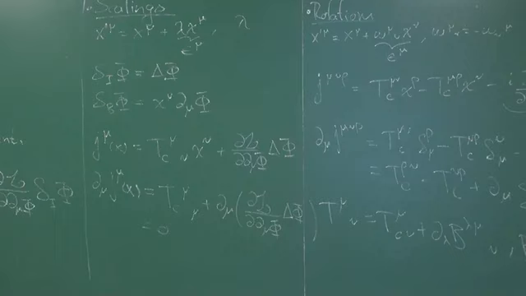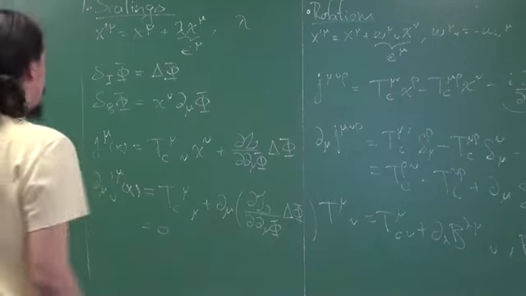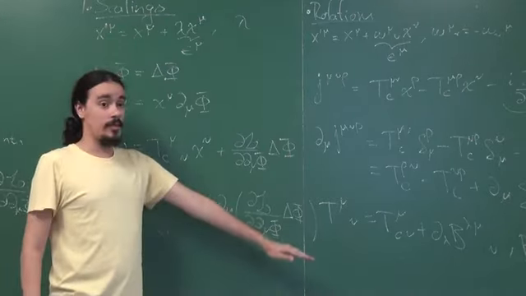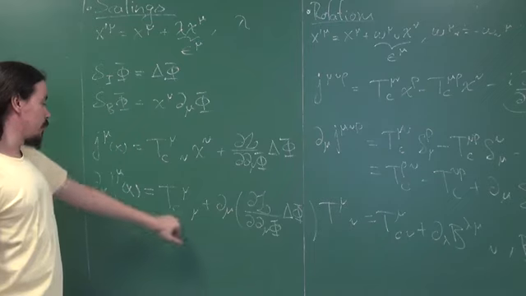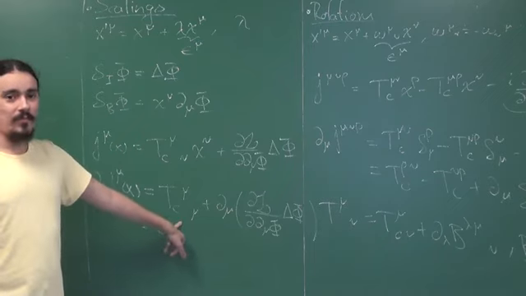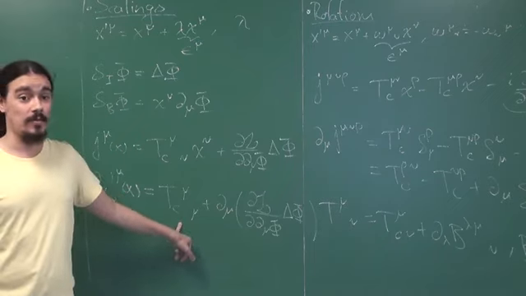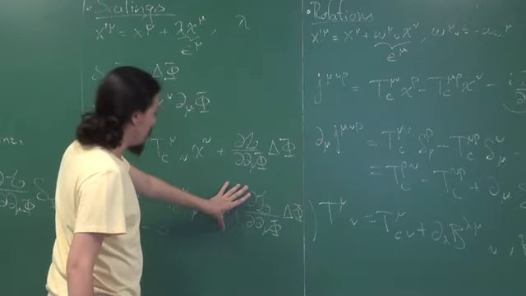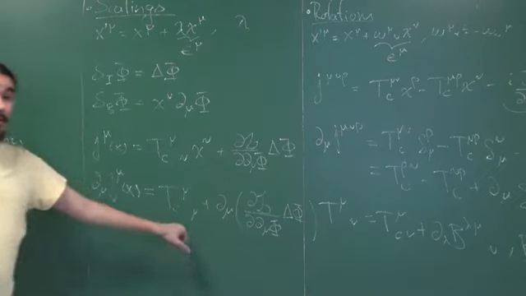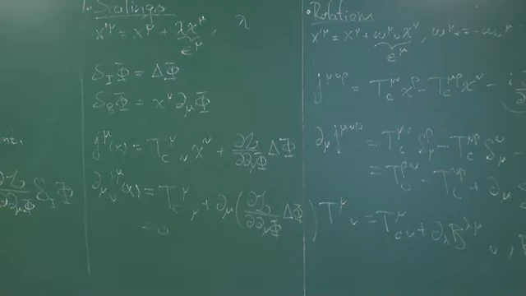So what we see here is again that we have in general an internal part that spoils the nice property of tracelessness of the canonical energy momentum tensor. If this term were not present, then your canonical energy momentum tensor would be traceless.